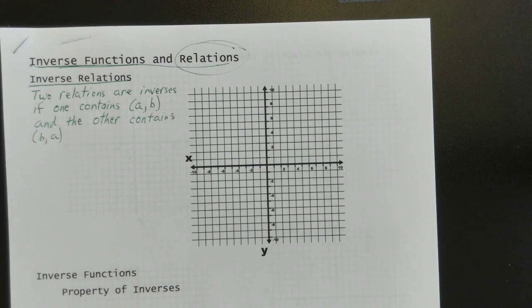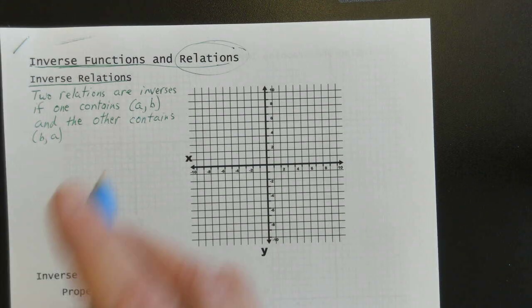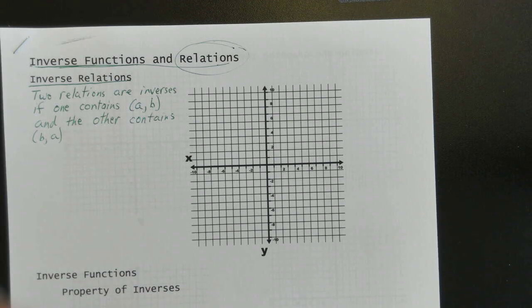Okay, so if they are inverses, one contains (a, b) and the other contains (b, a).